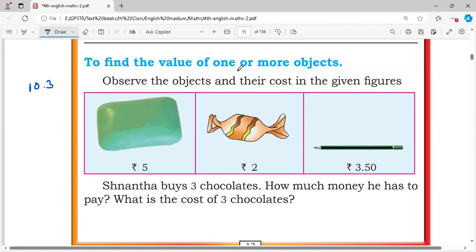To find the value of one or more objects, observe the objects and their cost in the given figures. Soap rate is 5 rupees, chocolate rate is 2 rupees, pencil rate is 3 rupees 50 paise.